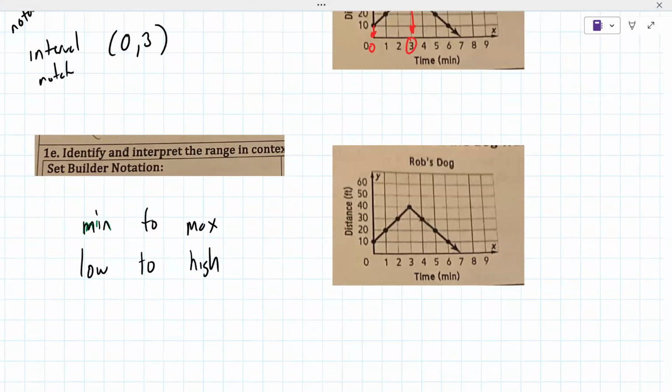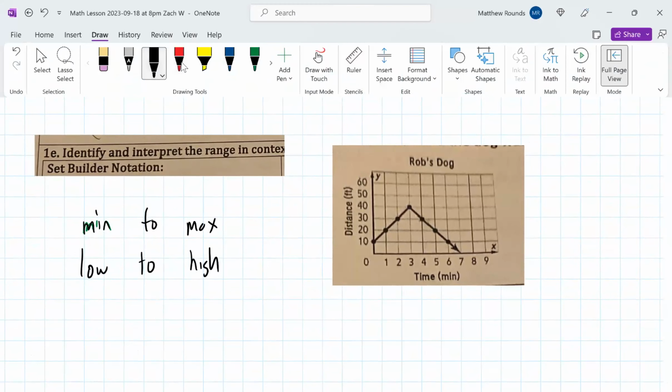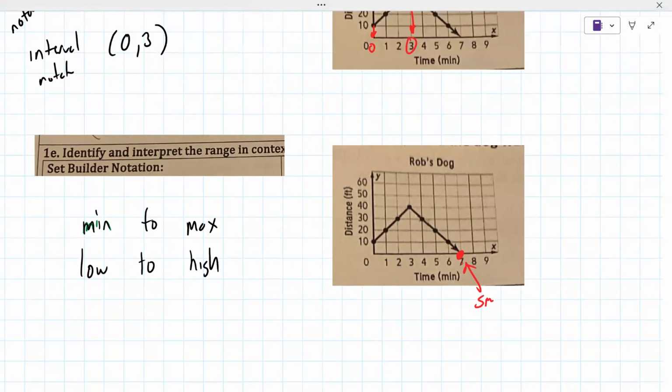So it's the smallest Y value. So the smallest Y value is over here at 0. That's the smallest Y value. And this is the largest Y value. So range is y value, and then the other one is x value.